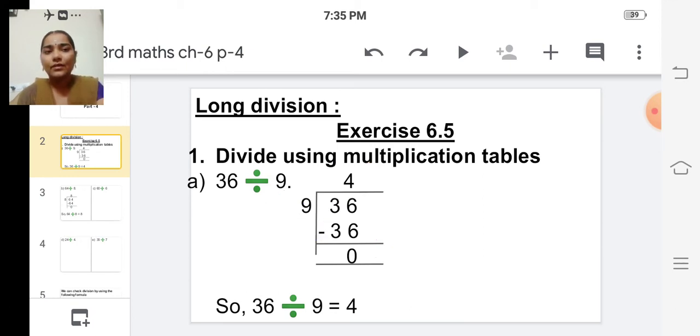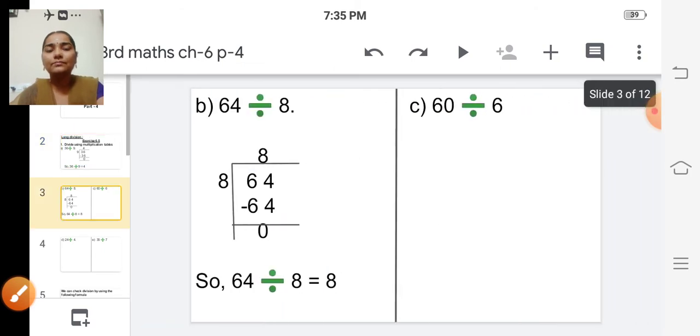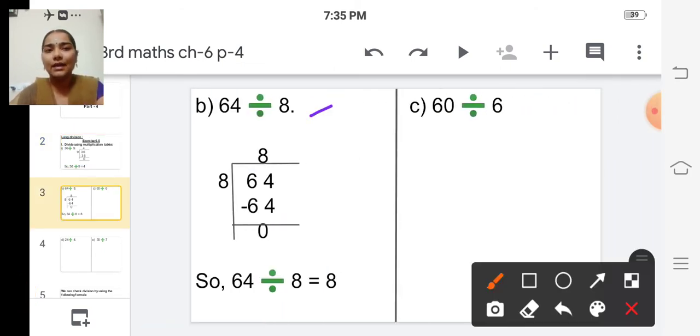Okay, so we'll do one more problem. B, 64 divided by 8. You have to write the dividend 64 here and divisor 8 here. How many times will it go? 8 eights are 64, isn't it?